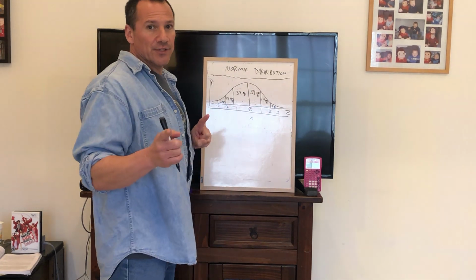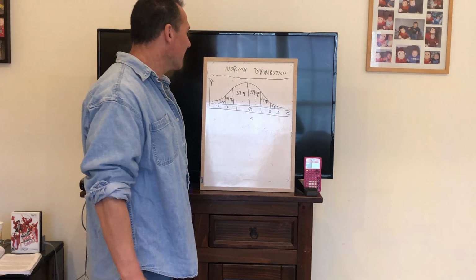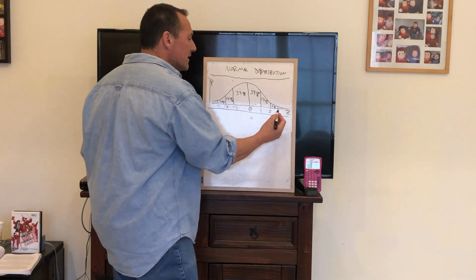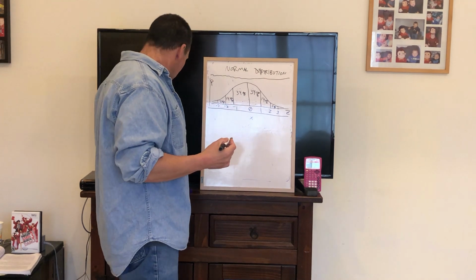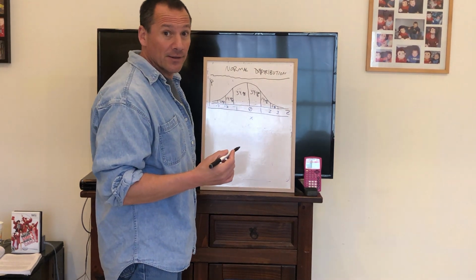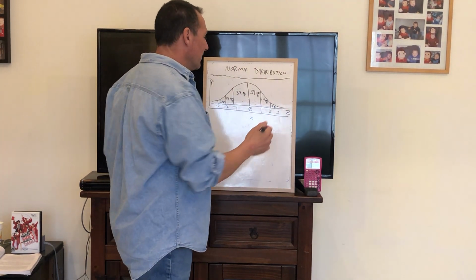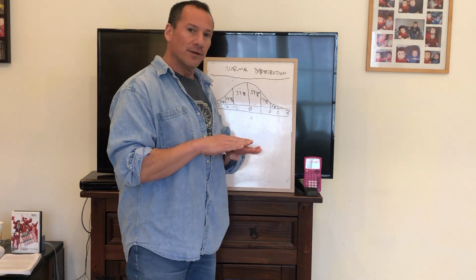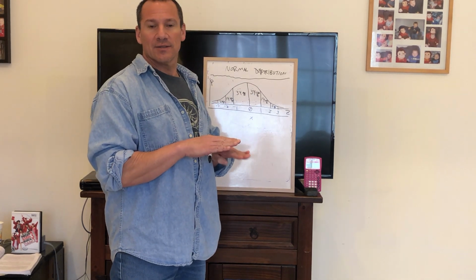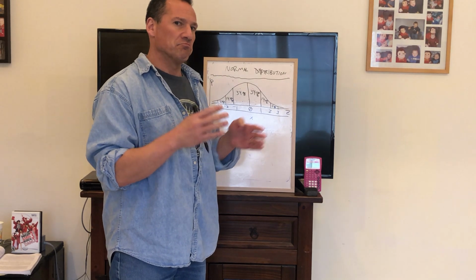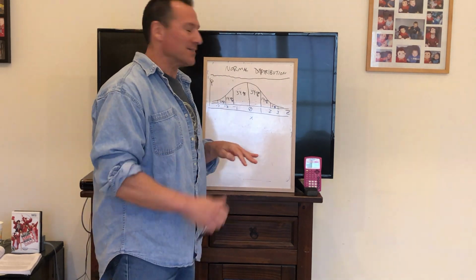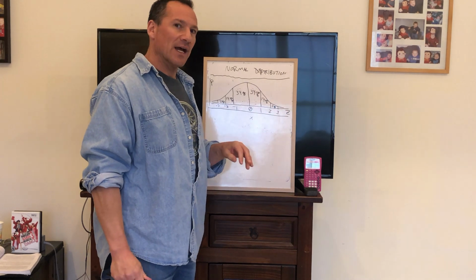But here's an interesting tidbit for you. The tails of a normal distribution go on infinitely, and they never hit the x-axis. I think the word is asymptote, something like that, yeah. So they never actually hit the x-axis.